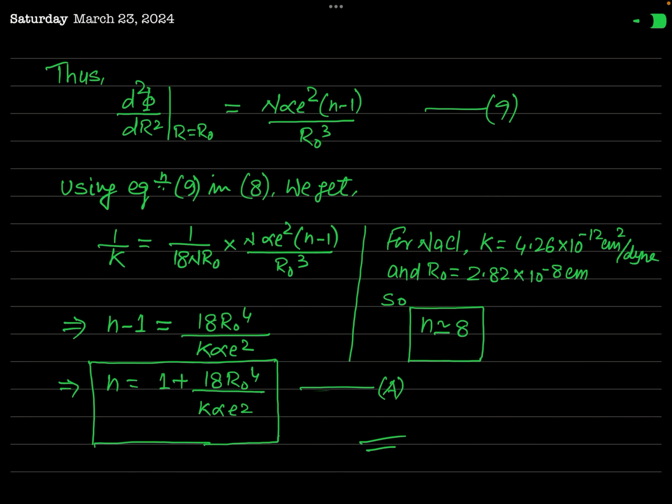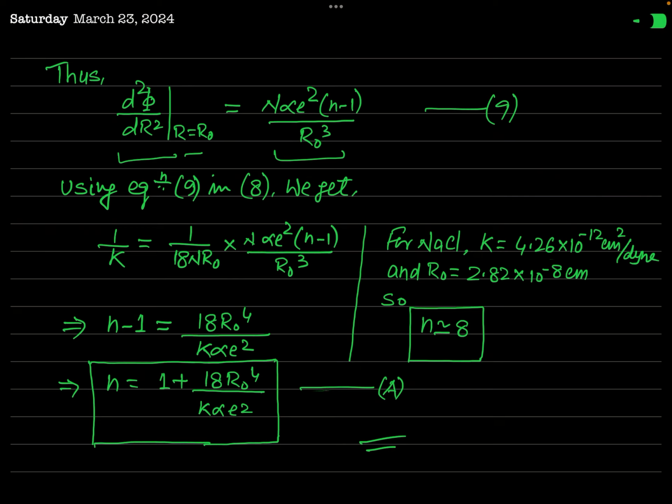So finally we get d2 phi by dr square at r equal to r naught equals n times alpha e square n minus 1 over r naught cube. Okay. So in this way we have calculated the second order derivative of the interaction energy phi with respect to r when r is equal to r naught, that is our system is in equilibrium.